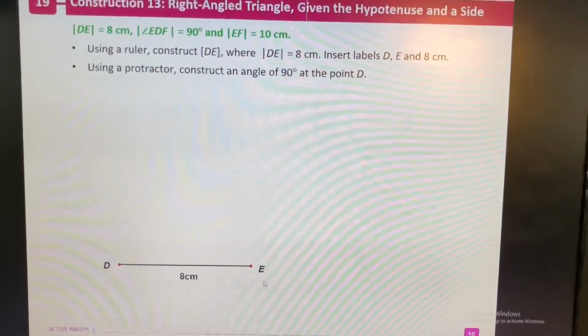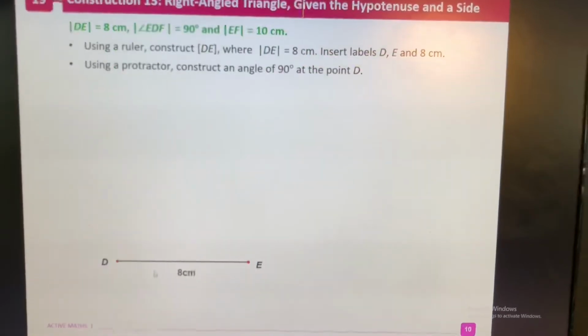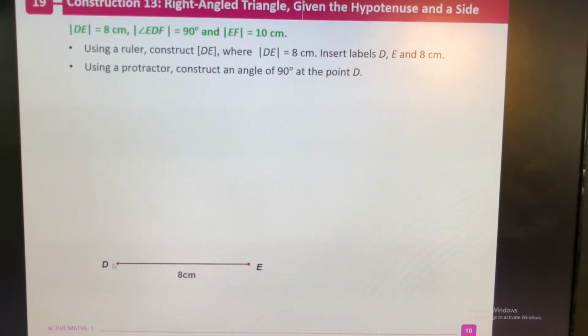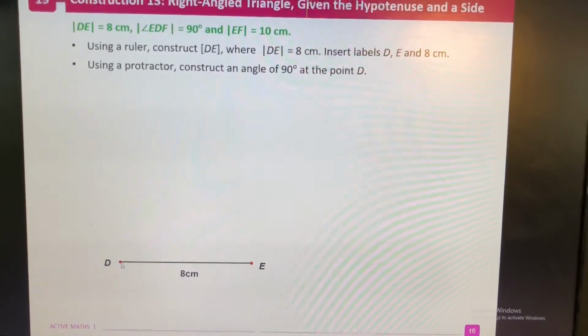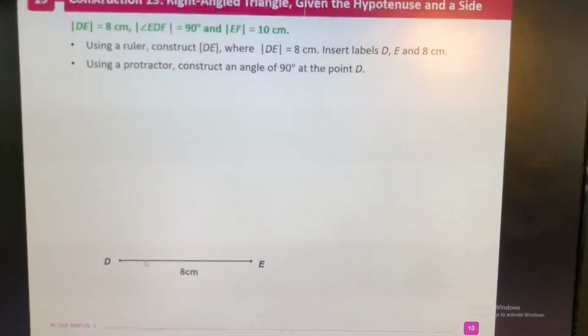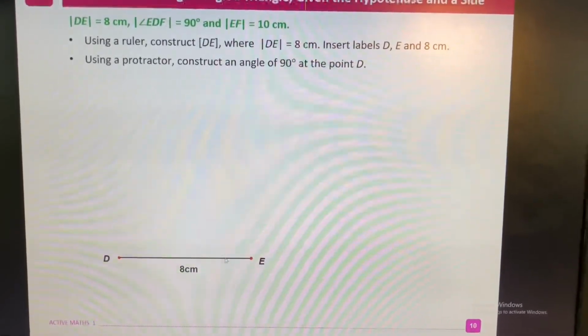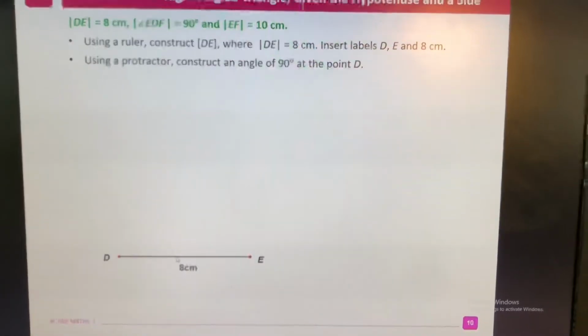Now we're going to construct the right angle, the 90 degrees. So we know that you could use a set square, or you could use a protractor, where you would line up the centre mark with D, making sure the baseline of our triangle and the baseline of the protractor are exactly on top of each other.